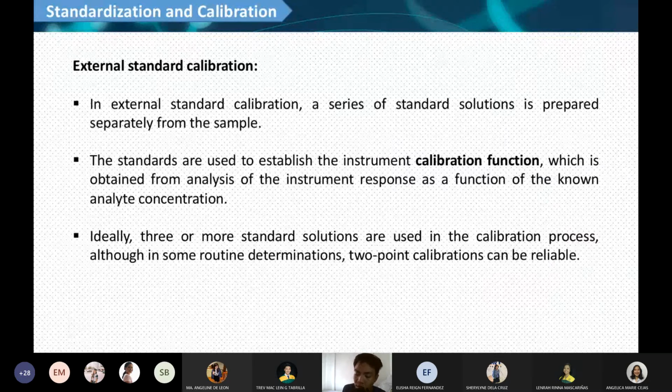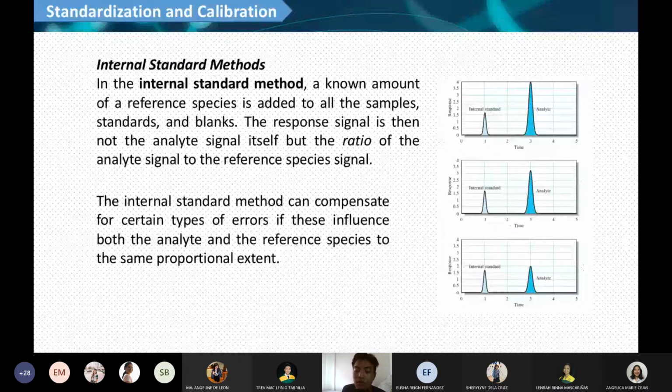When we say internal standard method, what happens here is that you add your standard in your sample. The purpose is to improve your calibration curve and to improve the reading of your analyte. You put your standard in the solution, and then you get the ratio of your analyte and the internal standard.